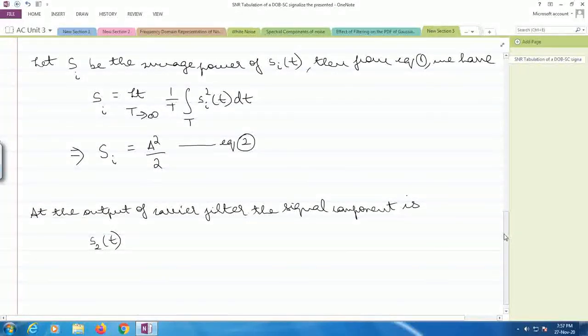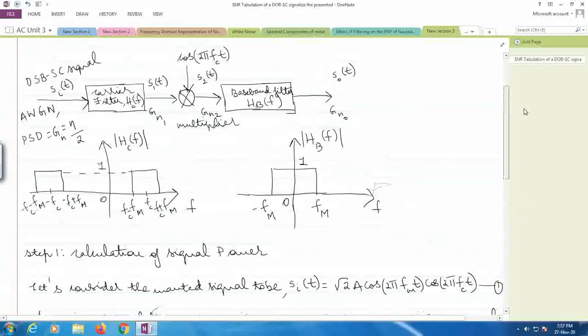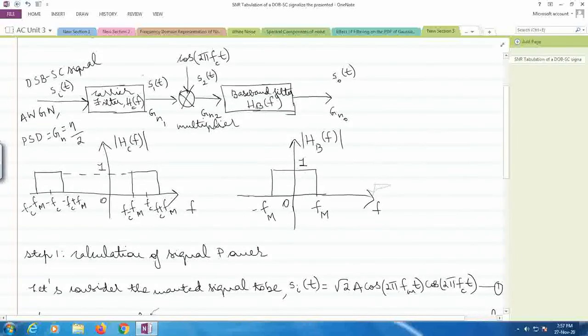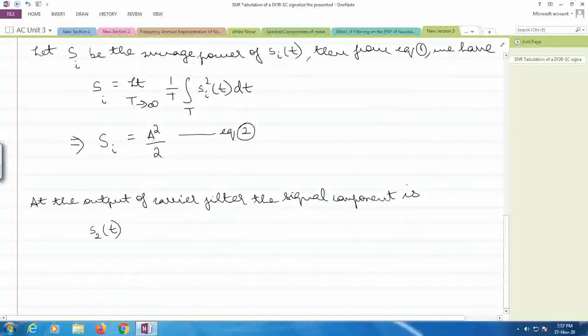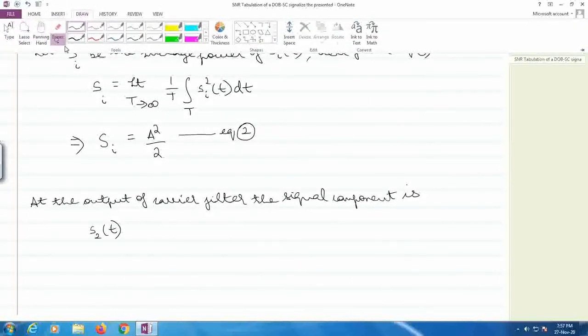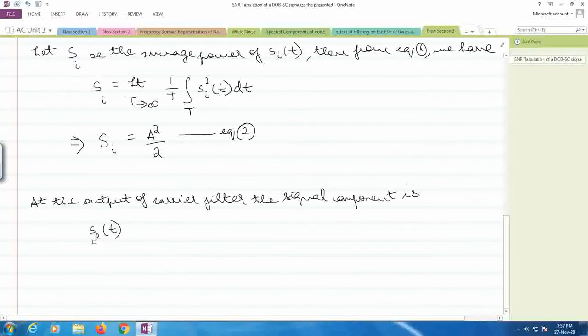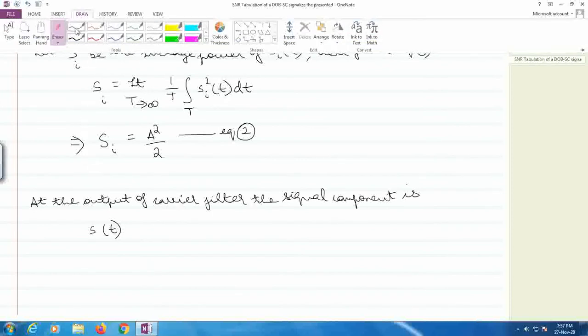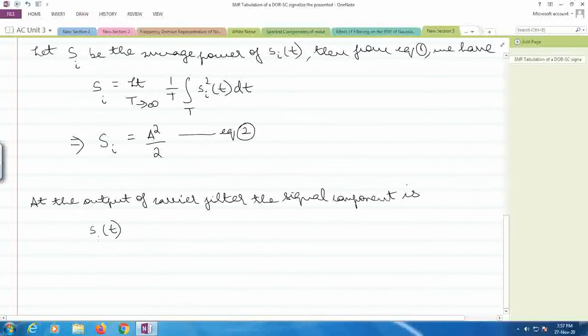We already know that the signal component at the output of the carrier filter, beg your pardon, it is S1 of t. Let me just make the correction. Okay, so S1 of t.